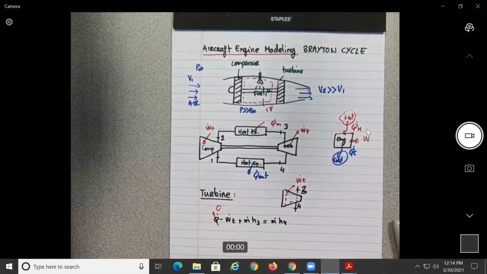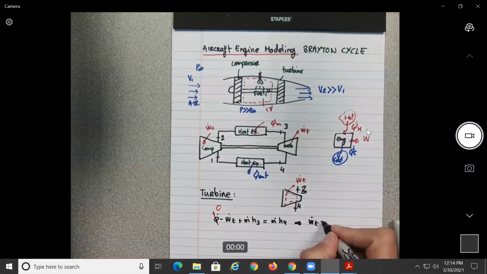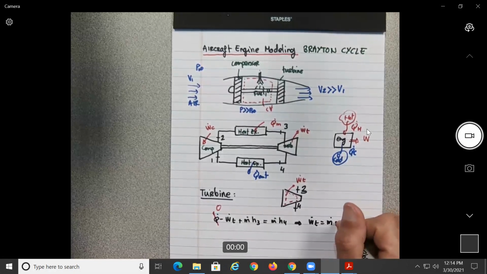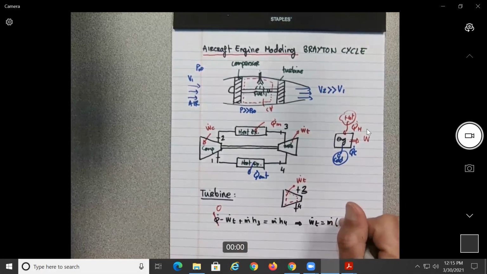So basically, the amount of power that is generated by the turbine should be equal to m dot times (h3 minus h4).